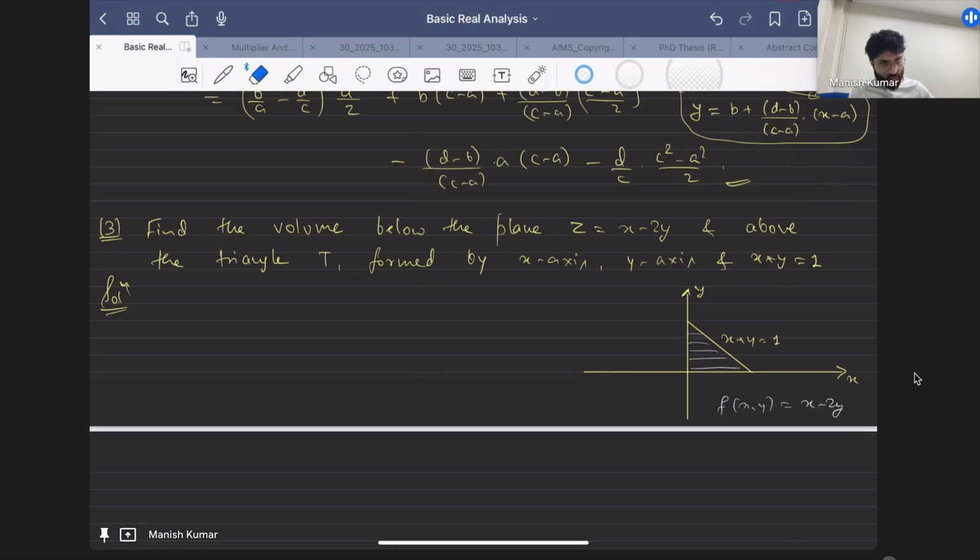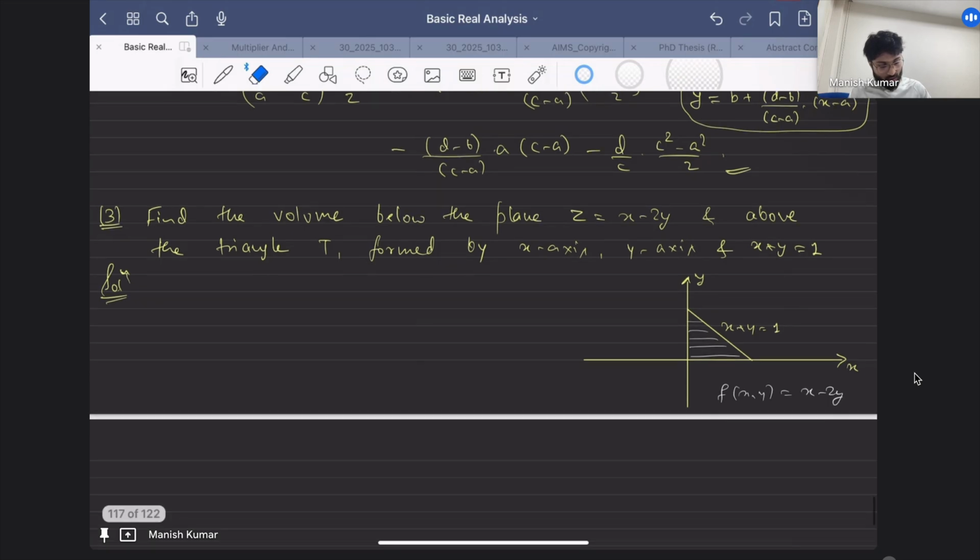When you plot it on the z axis, on the vertical line, you'll get some structure above this triangle, and then you have to calculate the volume between these two, z equals 0 and whatever comes in between. Now to do this you have to again understand the domain, that's all and nothing else.